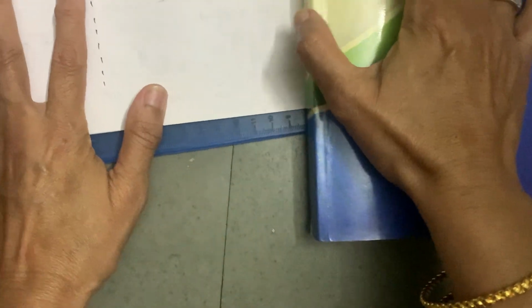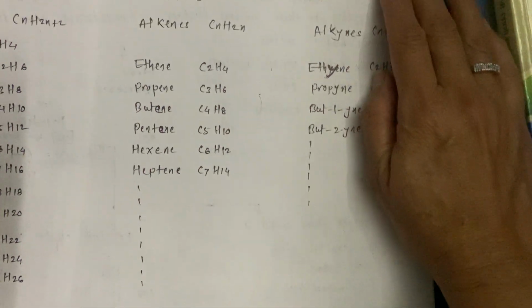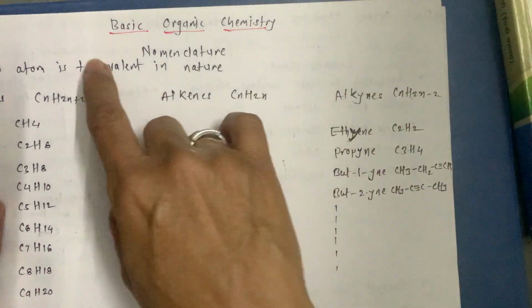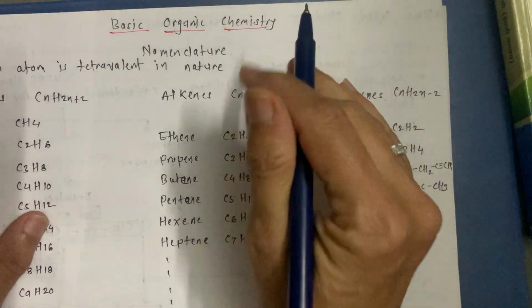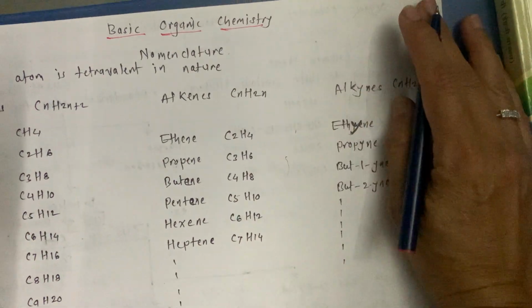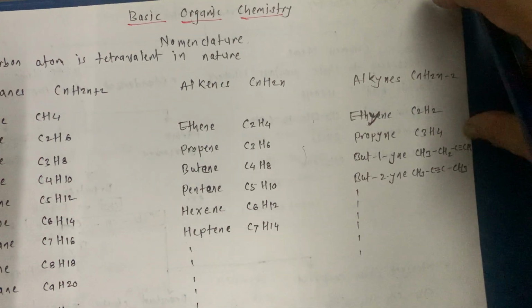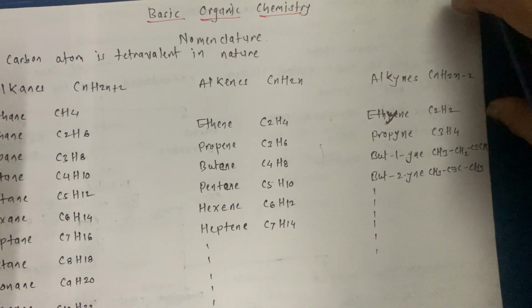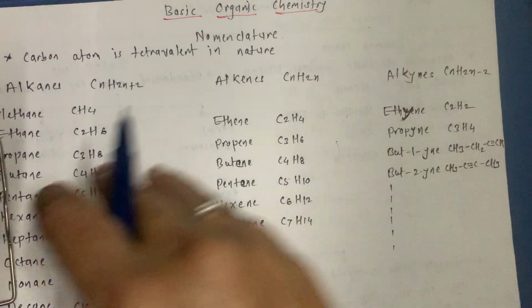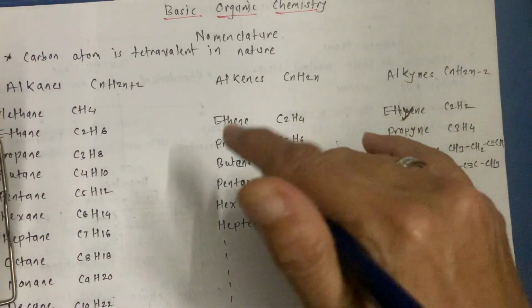Before starting with the halogen derivatives, we have to recap our 11th standard syllabus, and that is basic organic chemistry. The important part which we studied is the nomenclature system. We will go one by one. Our chapters in 11th standard are alkanes, alkenes and alkynes, and aromatic compounds.